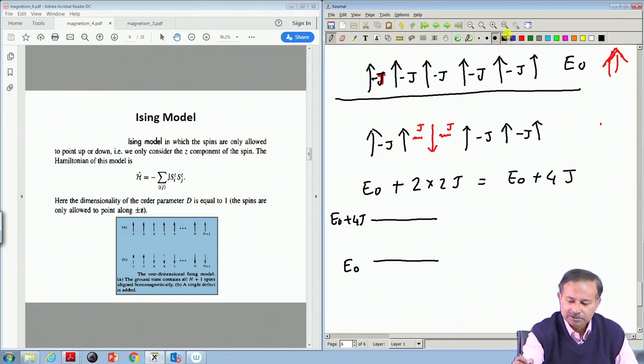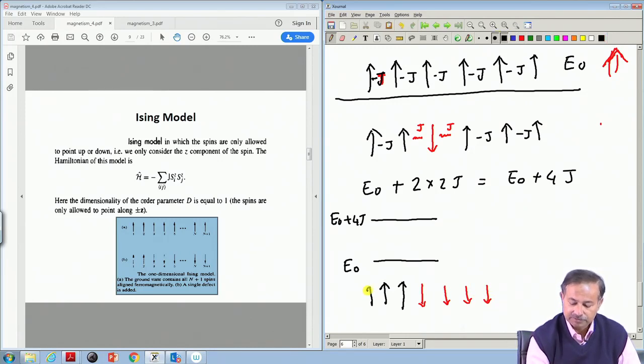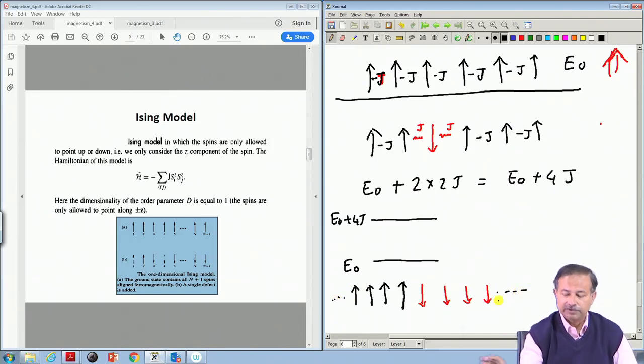So, let me again write down the spins. Now, I of course turn this spin down, but I keep all the other spins on the right down as well, and all the spins on the left up as well. This is again an infinite lattice.